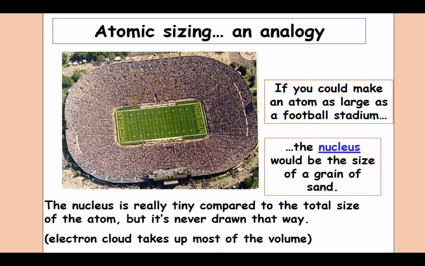The nucleus within the atom, which houses the protons and neutrons, if you were to run down to the very center of the field and place one tiny grain of sand at the very center of the football field, that tiny grain of sand would represent the size of the nucleus compared to the overall size of the atom. So the atom is the entire football field, and the nucleus is that grain of sand in the very center.